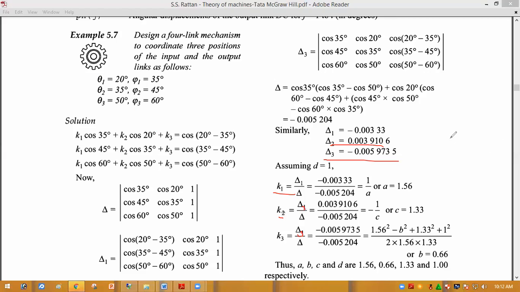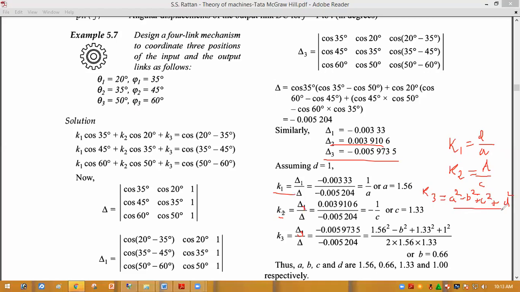Since k1 we know is d by a, and k2 equals minus d by c, and k3 equals a square minus b square plus c square plus d square divided by 2ac.